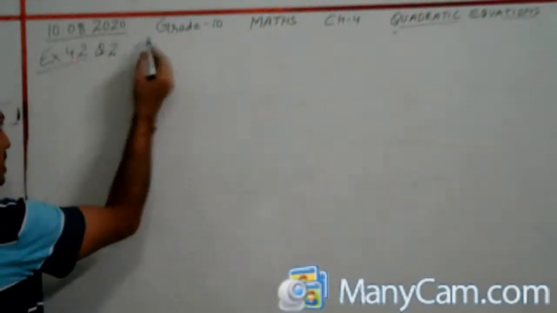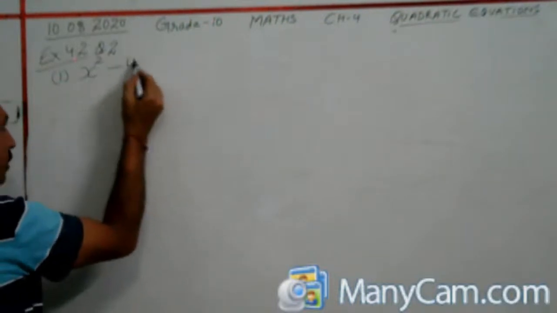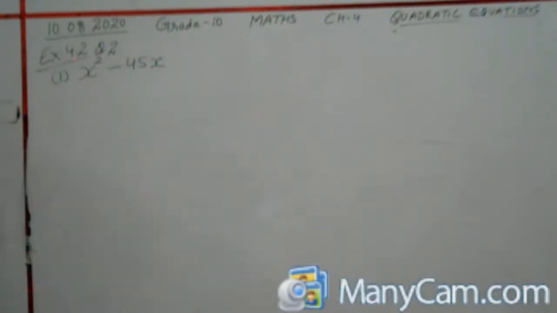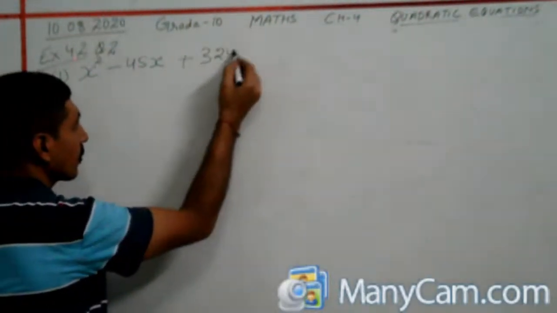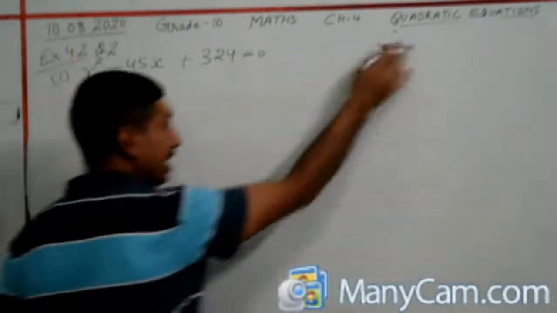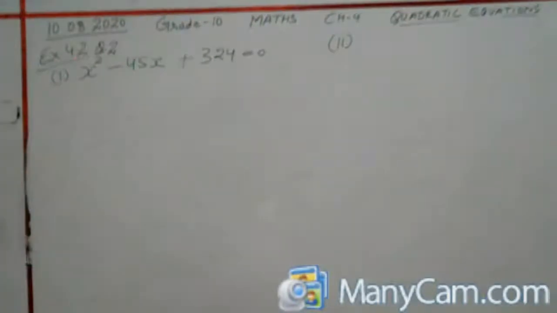Example 1 we have two parts. One is x square minus 45x plus 324, and the second, let me discuss the second example. Sorry, first example, second part, the number of toys, it was x square minus 55x plus 750.